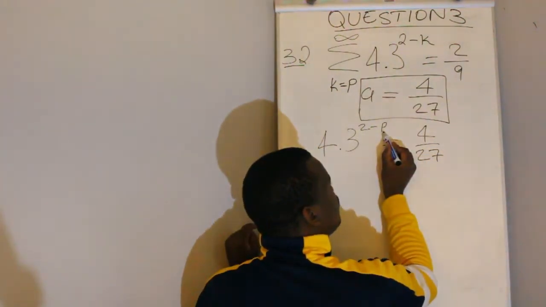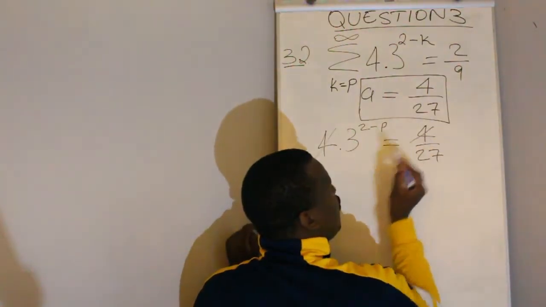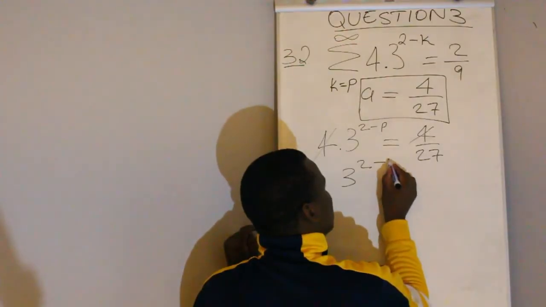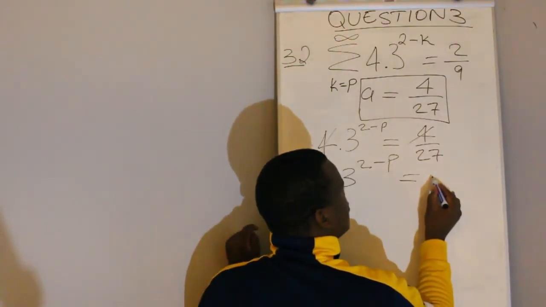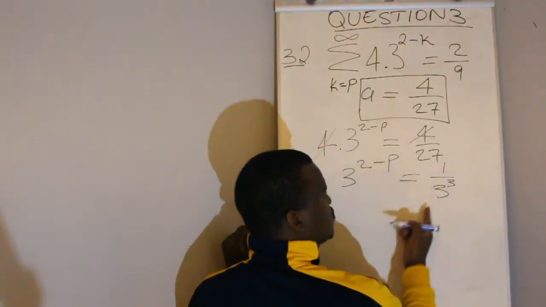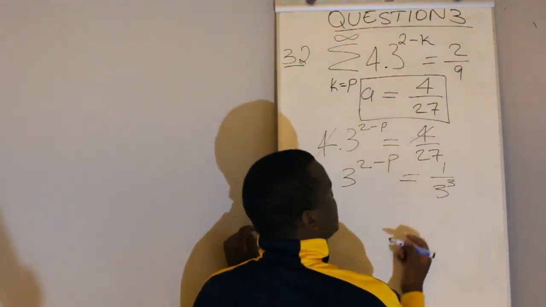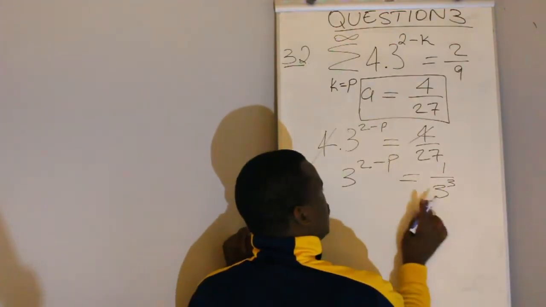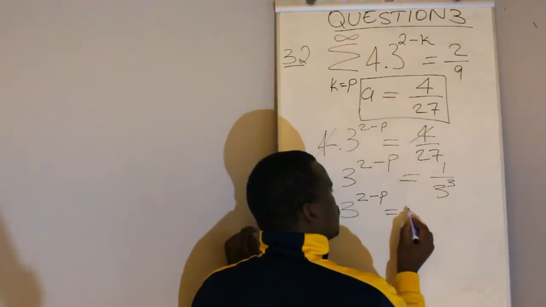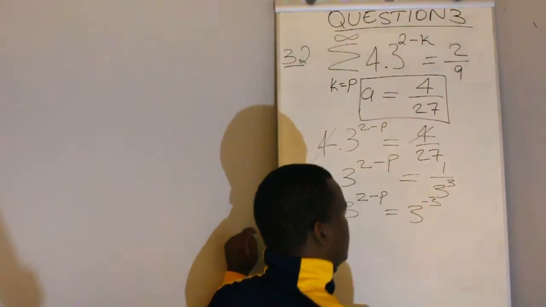So we want the value of P. Divide by 4, both sides. We are left with 3 raised to 2 minus p, which is equal to 1 over 3 raised 3, that is 27. So it's 3 raised to 2 minus p is equal to 3 raised to negative 3.